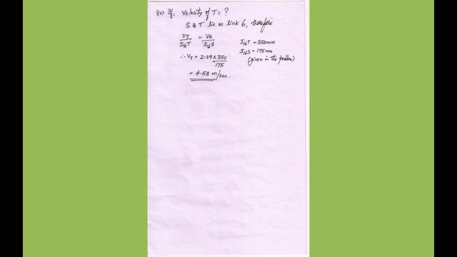That means you have to use Kennedy's theorem: 3 instantaneous centers will be in one line. That means you have to identify two triangles having a common side. For example, 1, 3 should be the common side for 2 triangles, like that. One by one, if you go on doing, you will get all the instantaneous centers. All the instantaneous centers doesn't mean 15 should be found out. Almost 7 or 8 will be readily available before starting the problem. And then you have to get the rest. After getting the instantaneous centers, using a suitable formula, you can get the values. Is it clear now? Okay, right. Please draw to the scale. Is it got it? Okay, thank you.